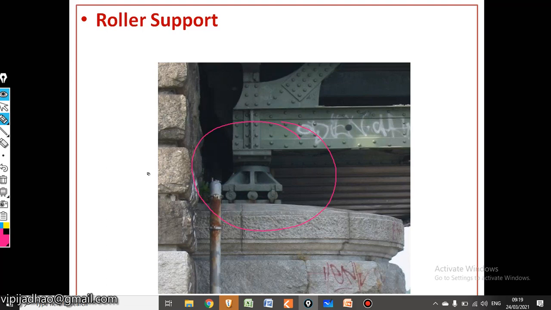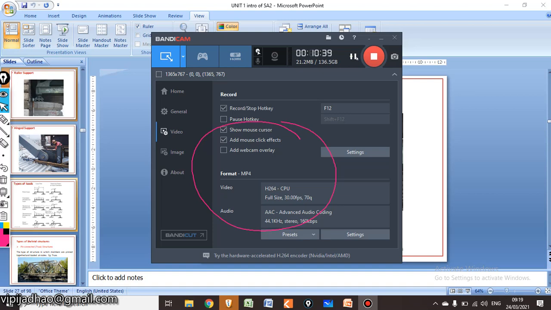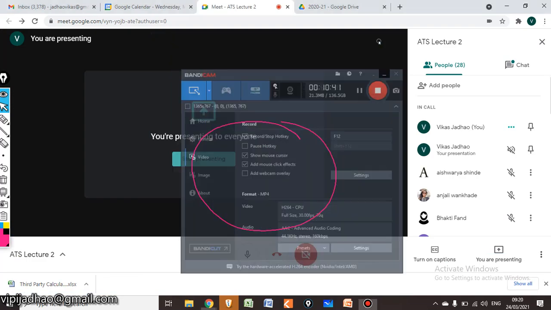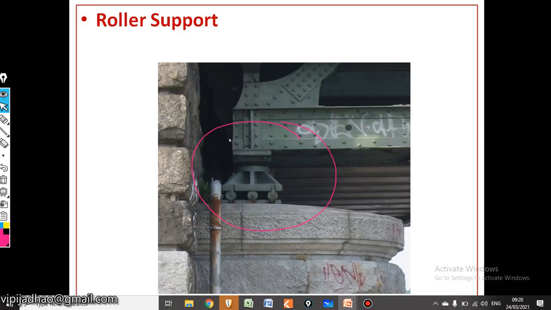These roller supports are generally provided for bridges because we allow some lateral movement of the girder at the bridge location. It depends upon the loading, how much is the intensity of loading. Therefore we provide the roller support in case of bridges.